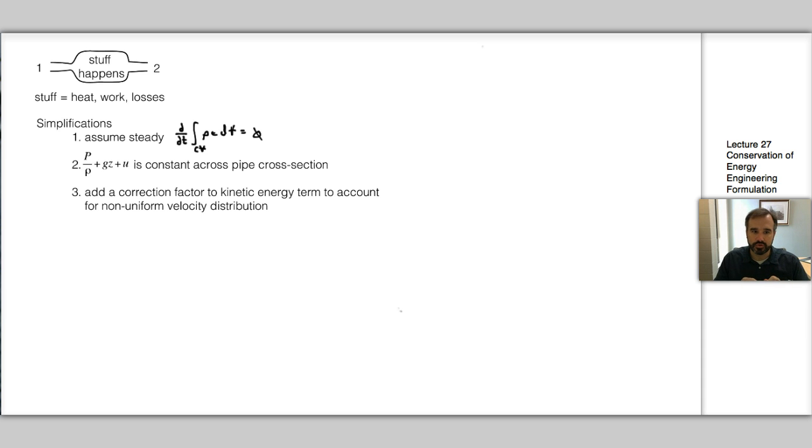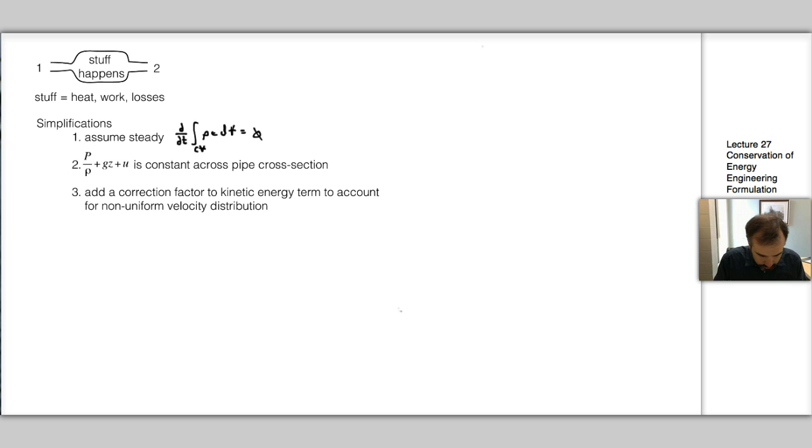The second thing we're going to do is assume that P over rho plus gz plus u is constant across the pipe cross-section, or the conduit cross-section. What that allows us to do is pull out the energy term, the little e, which is P over rho plus gz plus u, out of the integral.